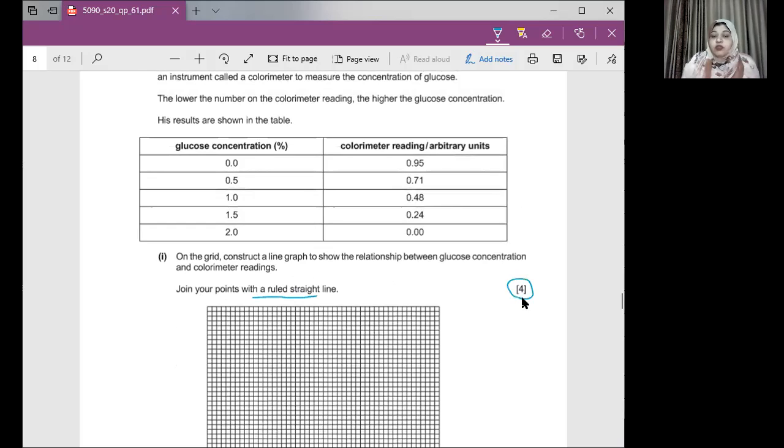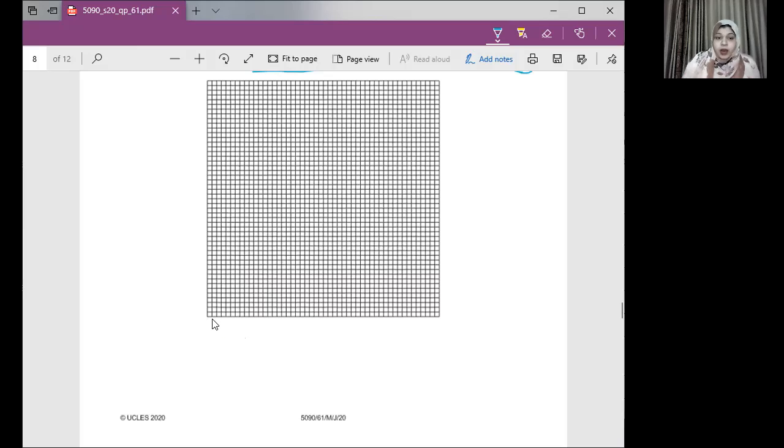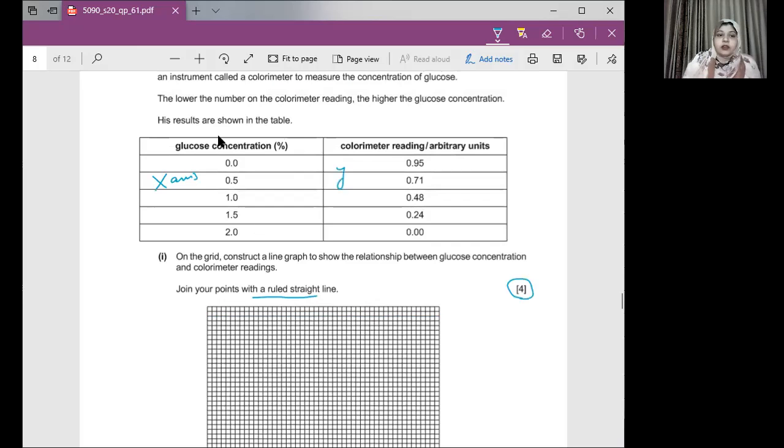First of all, we have to know it is a 4-mark question. You have to identify which factor will come on the x-axis and which one on the y-axis. The first column mostly is on the x-axis and the second is on the y-axis, right? You have to make a straight line for the x-axis and copy down the whole glucose concentration percentage.